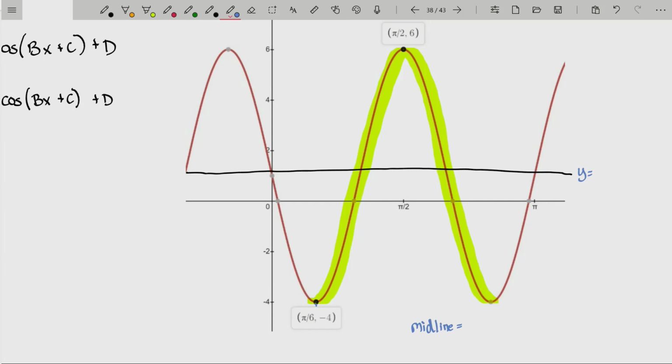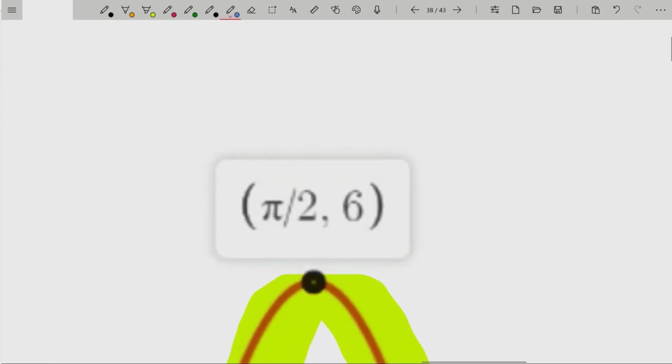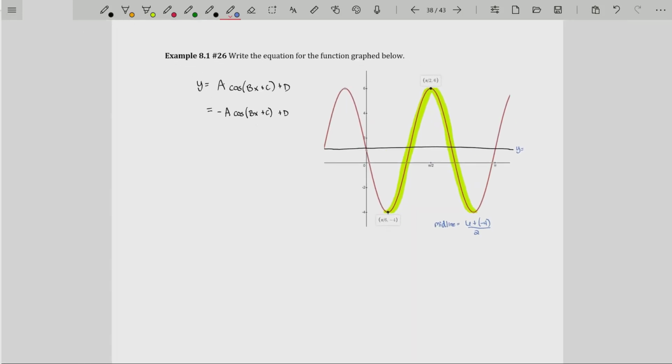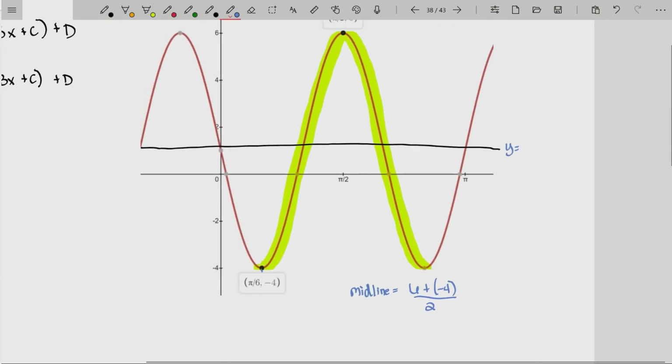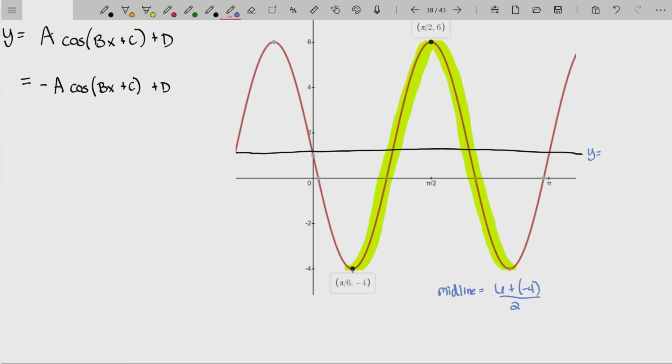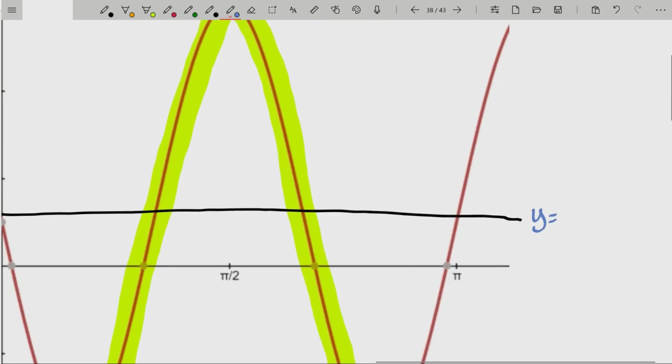I'll just do it: 6 plus -4, and we average those up. That's 2 over 2, which is 1. So it looks like our midline occurs at 1.